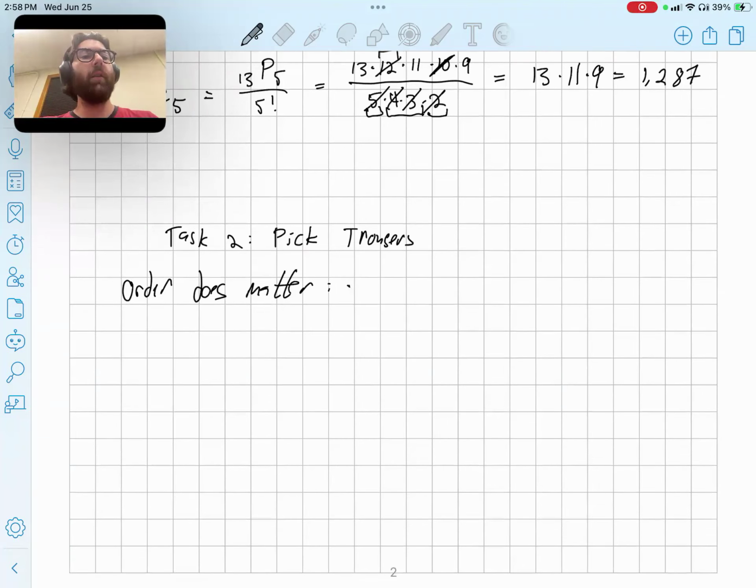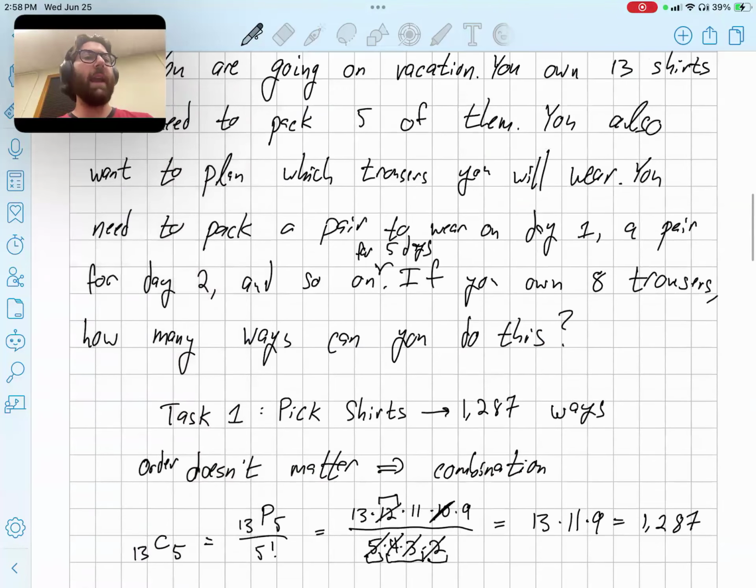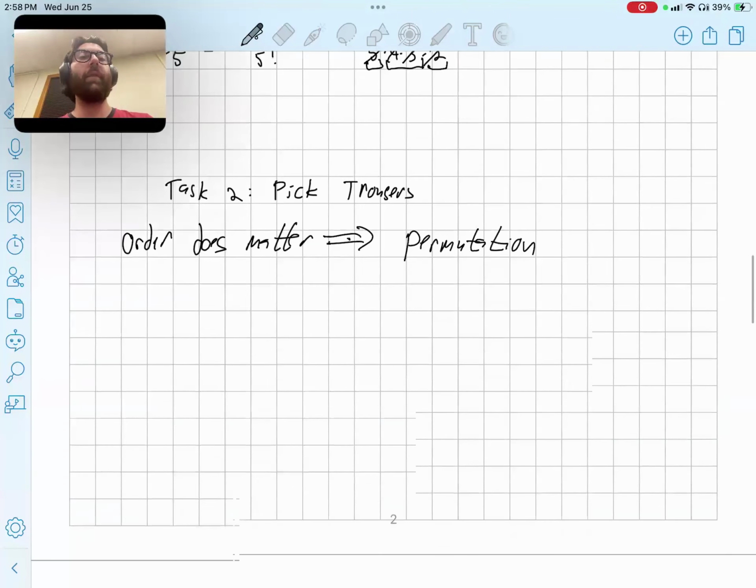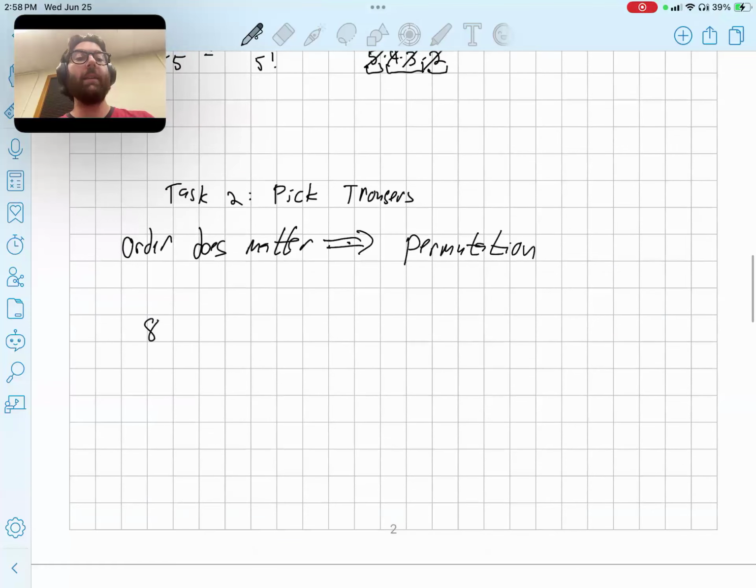And so that means, because the order matters, we're using a permutation. And so we have 8 trousers. We need to pick 5 of them in order. So that's 8 permute 5. So 8 times 7 times 6 times 5 times 4. Because this is the first 5 terms of 8 factorial.